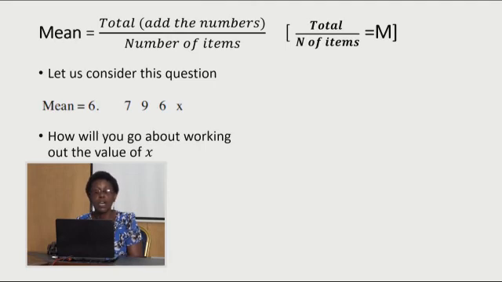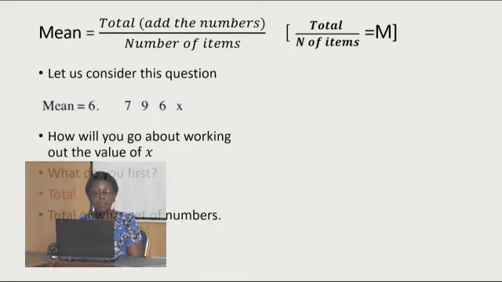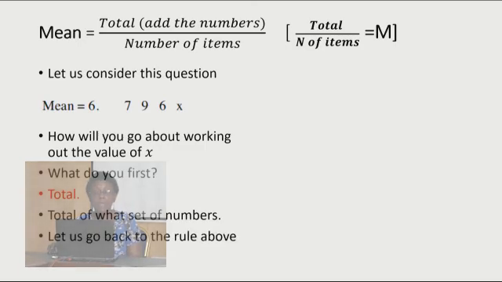Let's consider. We're going to work out the value of X. What do you do first? Work out the total. Total of what? Total of the set of numbers. Let's go back to the rule: total divided by number of items equals the mean.